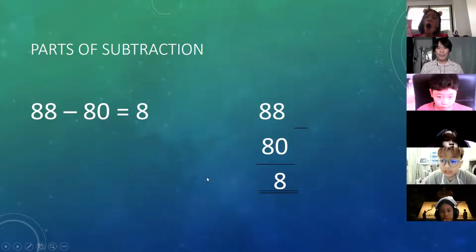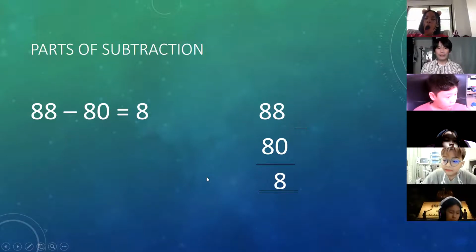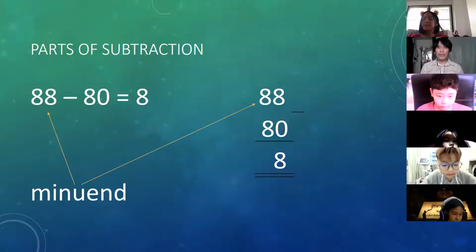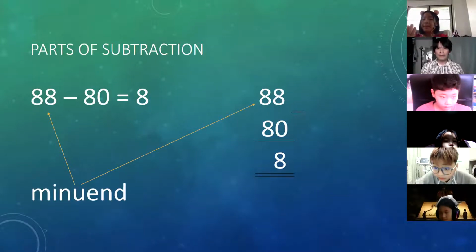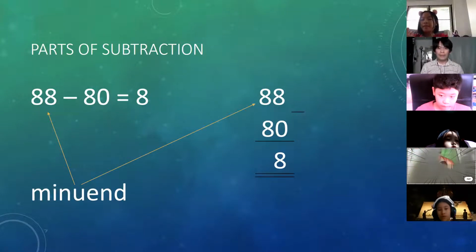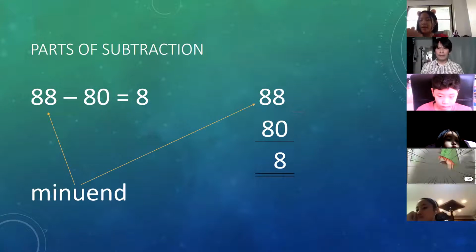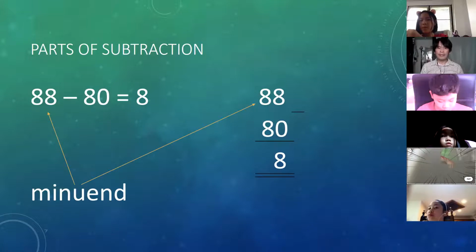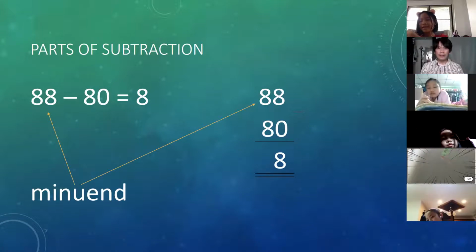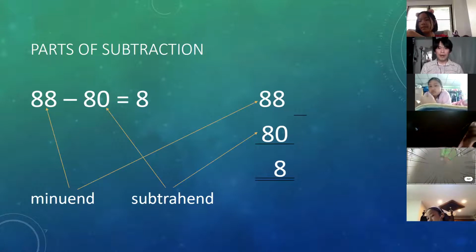The first number in the equation is called the minuend. Everybody say minuend. Okay, and then the second number is called the subtrahend.